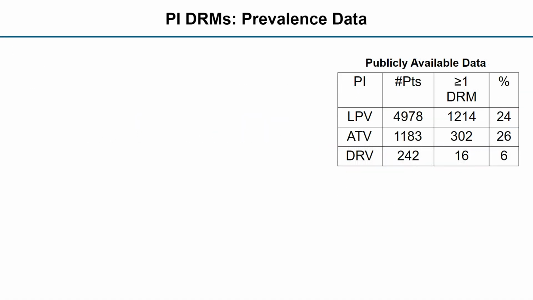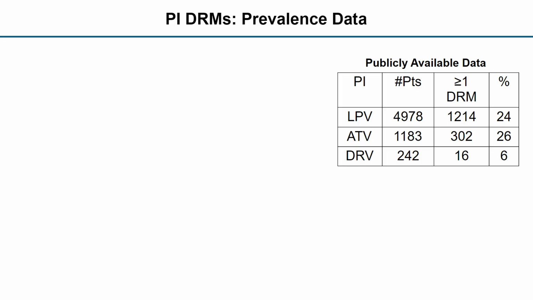The Stanford HIV drug resistance database contains sequences from nearly 5,000 previously PI-naive persons who have received lopinavir plus ritonavir, and from nearly 1,200 previously PI-naive persons who have received atazanavir, usually boosted with ritonavir.